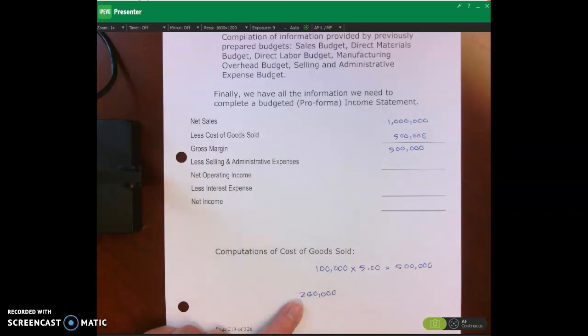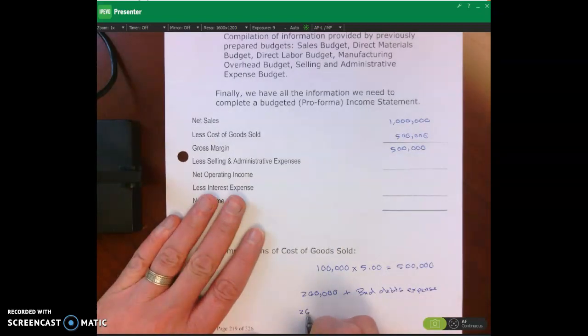Now, if we look back at our schedule of cash collections, we would remember that 5% of our sales we don't think we're going to collect. That 5% is bad debts. So we have to add in our bad debts expense here, which we did not include in our selling and admin budget, but we're going to include it right up here.